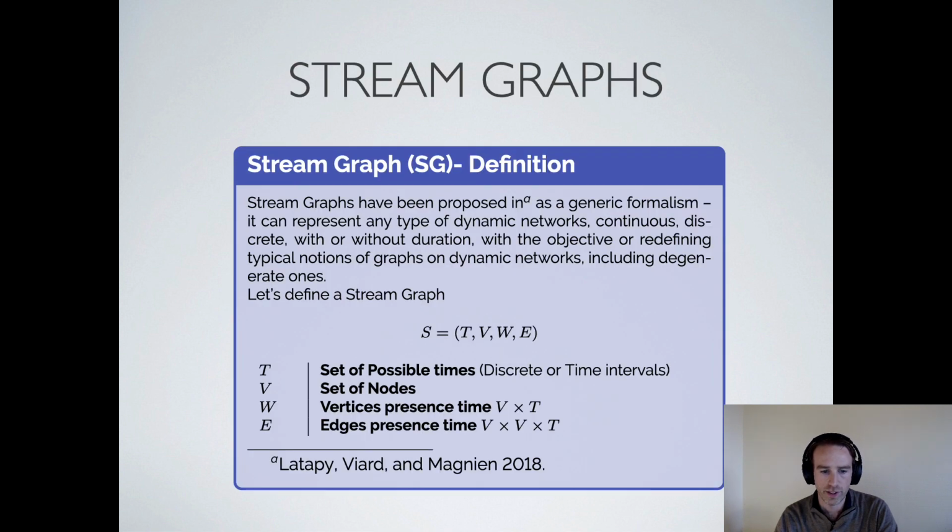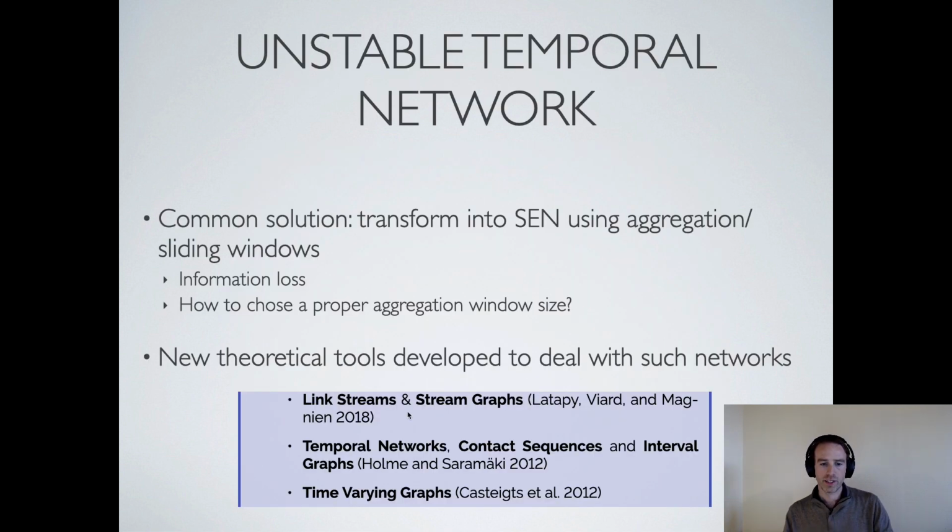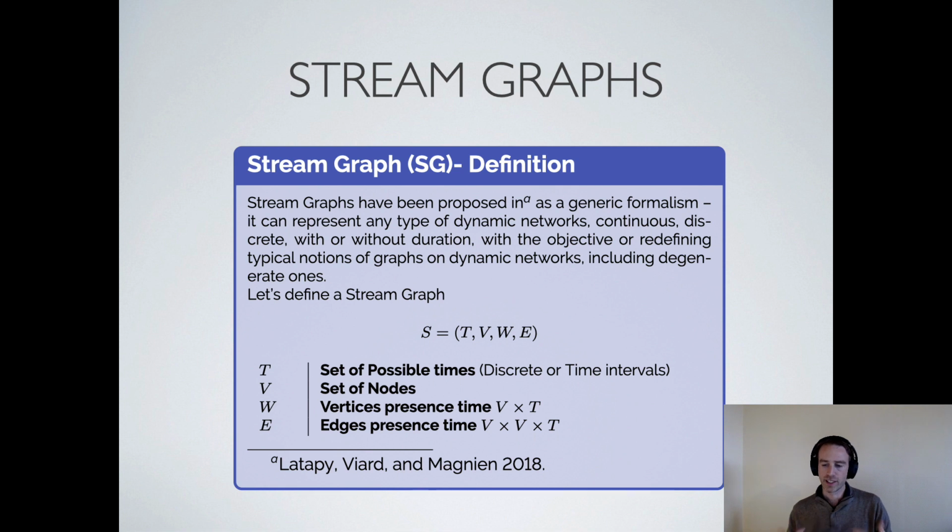Stream graphs are presented in this paper, a relatively recent paper in which they try to redefine many of the classic definitions on static networks that we have already introduced, like centralities and density, but for unstable networks that they call stream graphs.